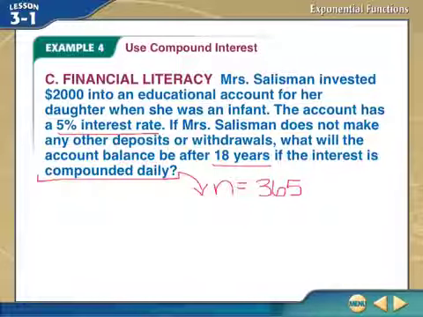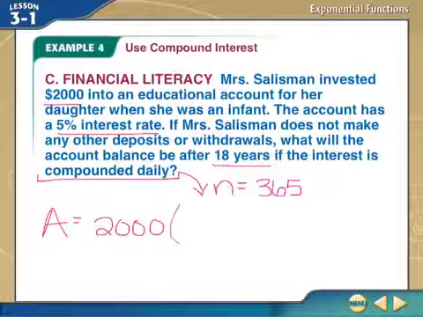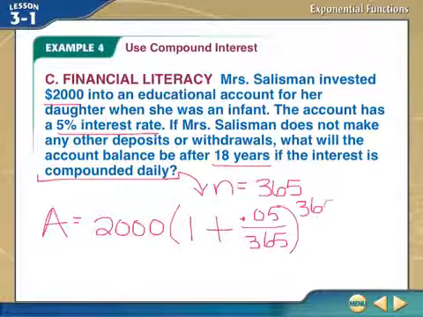Let's go ahead and see how this affects the outcome, the amount in her account after those 18 years. So using the compound interest formula, we still have the same principal, or initial amount invested, $2,000. And then I have 1 plus my interest rate, this time that 5% is being divided by 365. And we'll raise that to the 365 times 18.